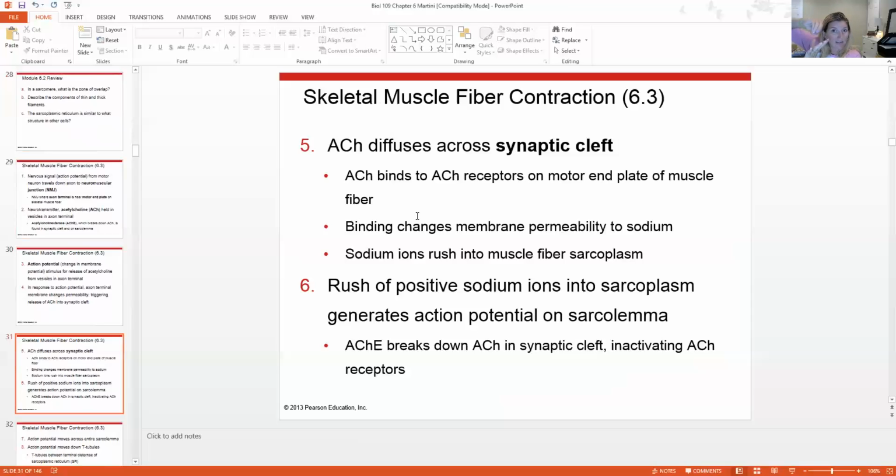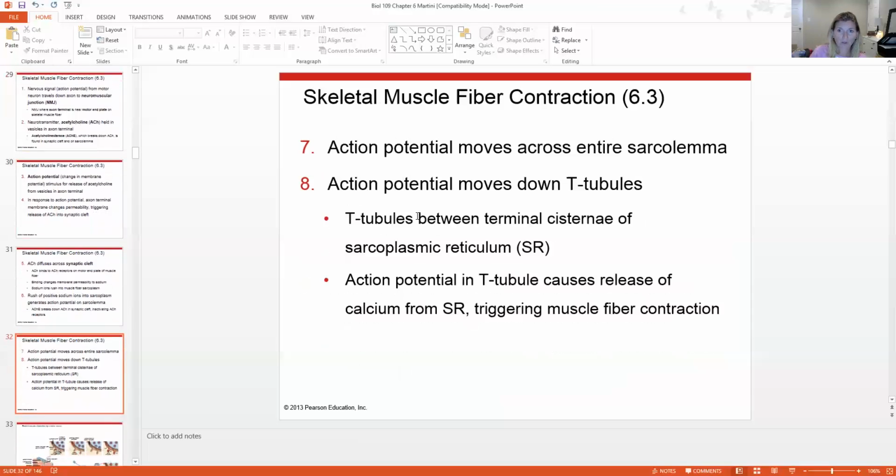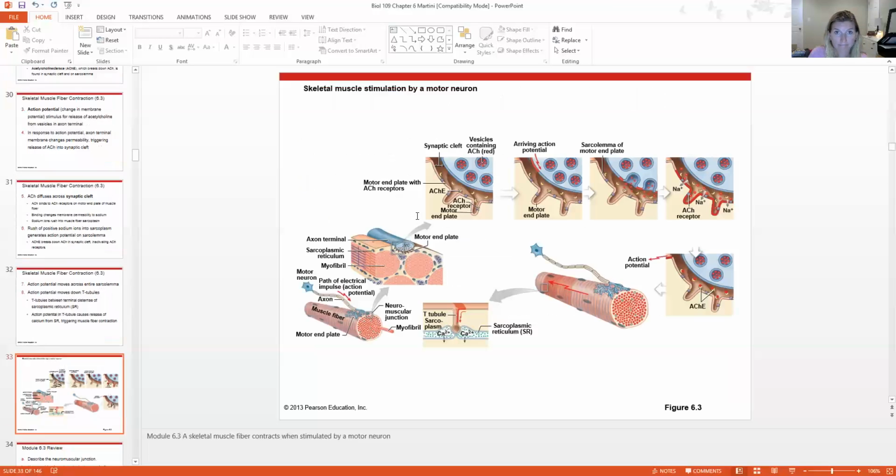AChE is waiting there to gobble up and recycle that acetylcholine, so it's not just sitting there constantly stimulating the muscle cell. So as that signal moves down the sarcolemma, it gets to the T-tubules. The T-tubules tell the SR, the sarcoplasmic reticulum, to go ahead and start to release calcium, and that release of calcium triggers the muscle contraction.